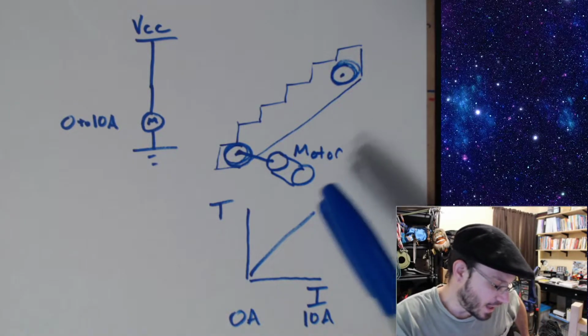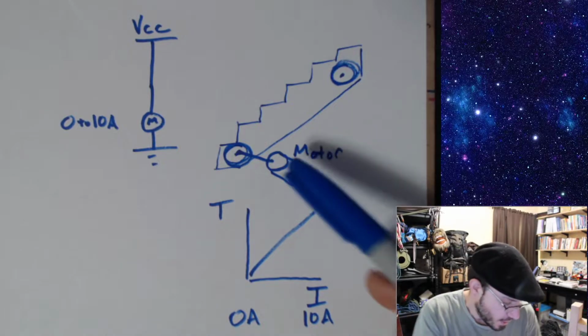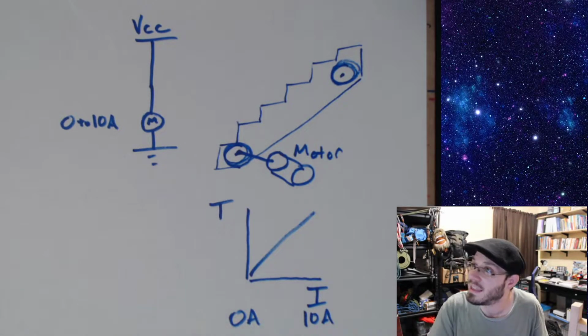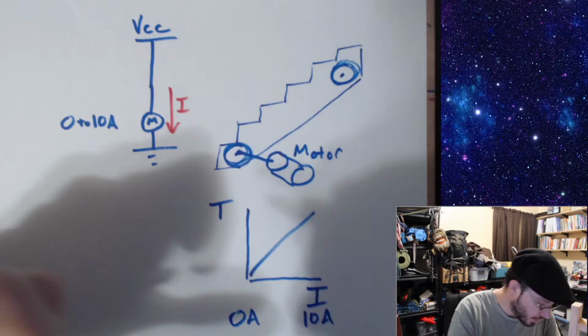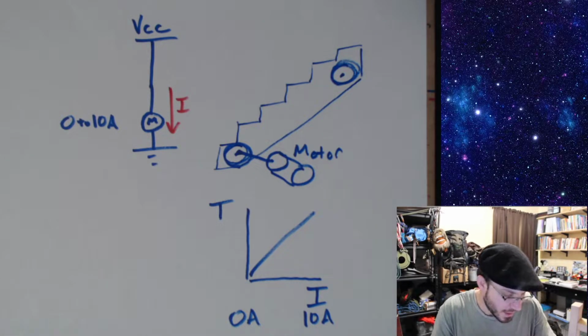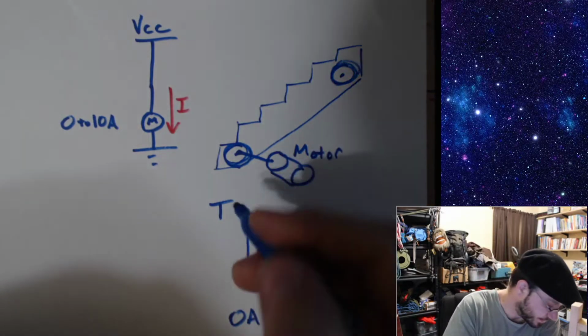Okay, so this is done in practice. You monitor the current being used by this motor. In other words, current's important. It tells you something about this system. In our case, it tells you that someone got stuck in it.